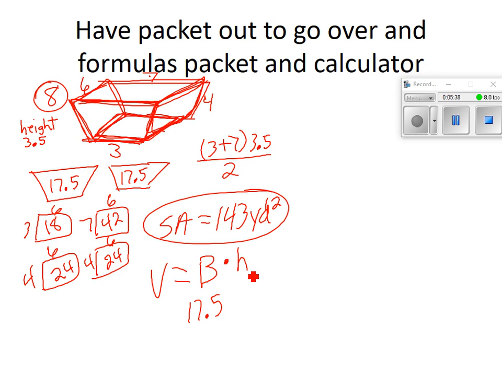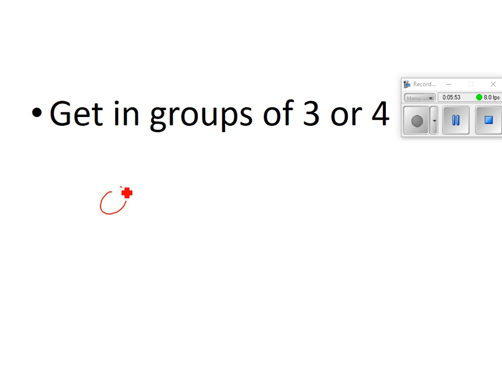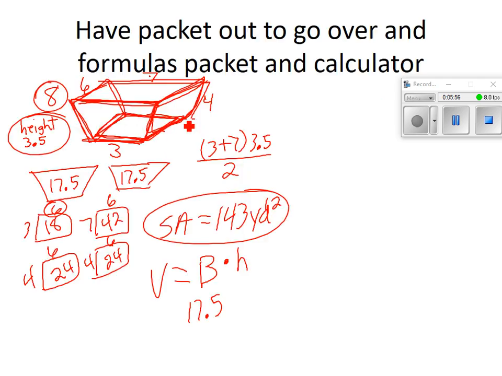Don't go by this height, that's the height of the trapezoid, not the height of the trapezoidal prism. The height of the prism is the distance from one trapezoid to the other, which we used several times over here. So what was the height? 6. Somebody multiply that for us. 105. What are our units? Yards cubed.